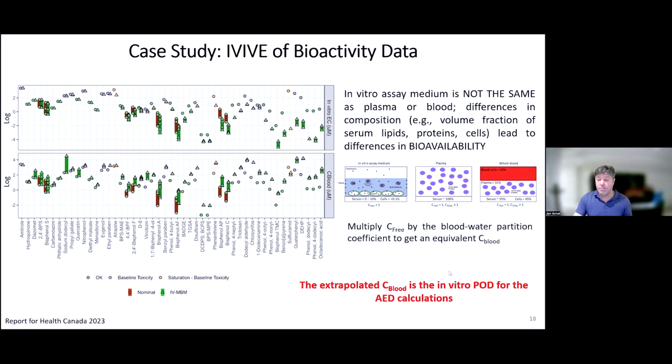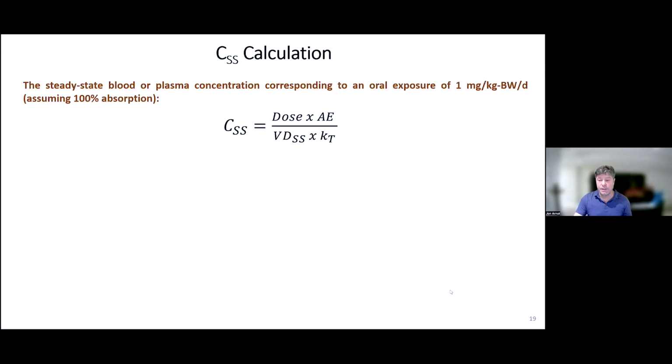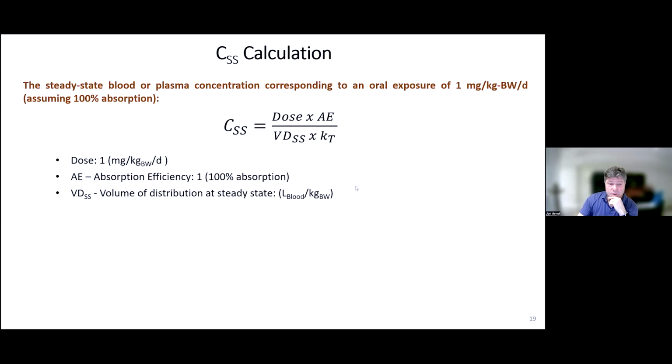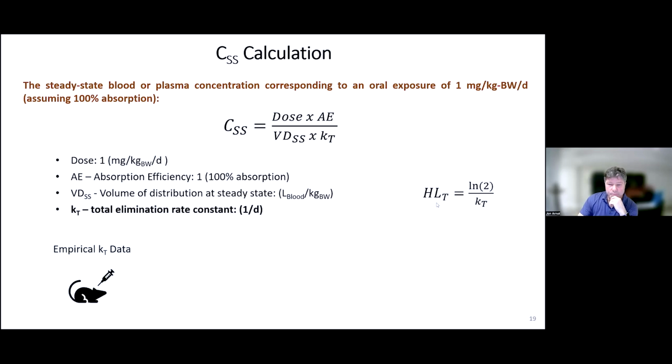So the extrapolated C blood is the in vitro point of departure for the AED calculations in our case study example here. We've got our steady state blood concentrations, which I mentioned are derived from toxicokinetic models. We have doses, we have absorption efficiencies, but the primary driver here is the total elimination rate constant or the half-life.